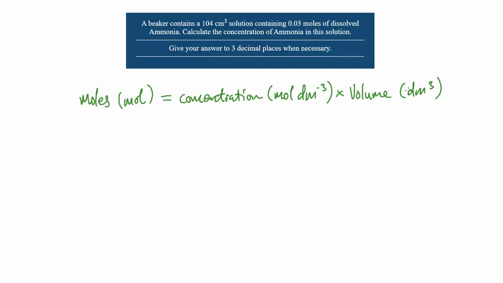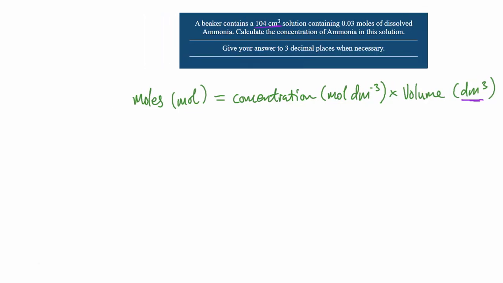What we do need to do, however, is look carefully at the units. Where the volume is provided in the question, the units are in cm³, whereas our formula is in dm³, which potentially poses some problems if we don't convert it.